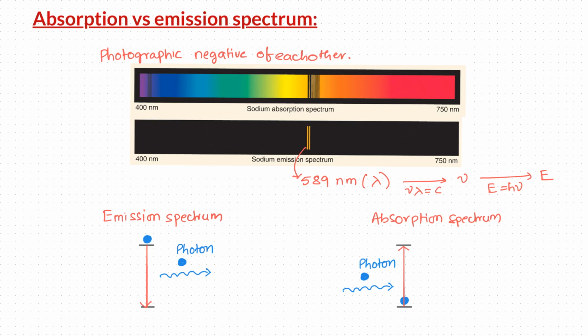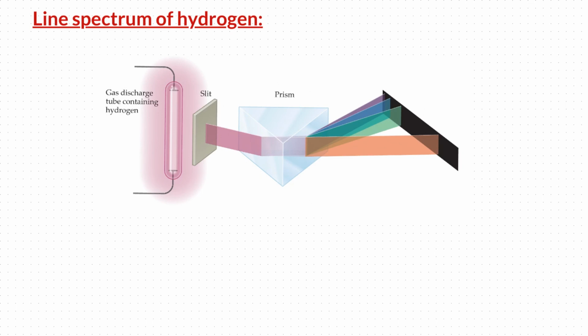In the next slide, we will discuss the line spectrum of a hydrogen atom. If we take a sample of hydrogen gas and pass an electric discharge through the sample, the hydrogen molecules first break into hydrogen atoms. These hydrogen atoms absorb energy and get excited.